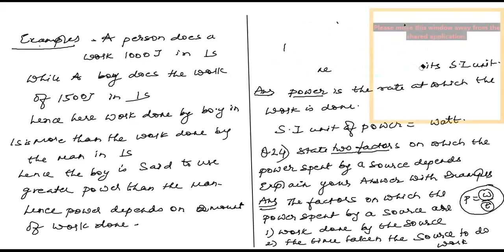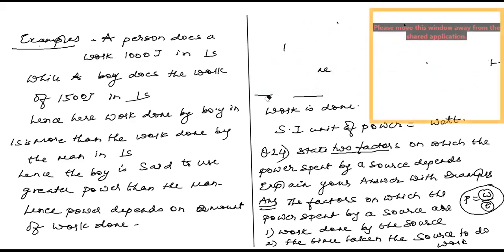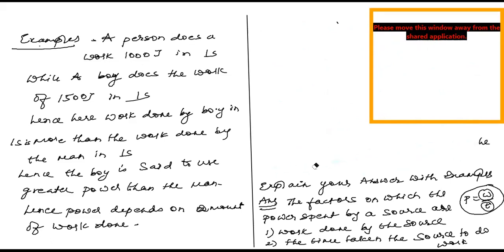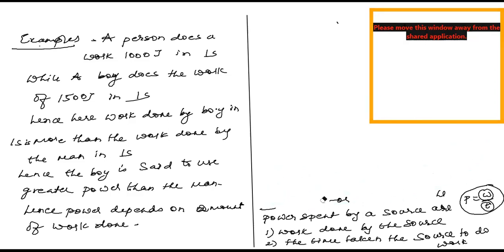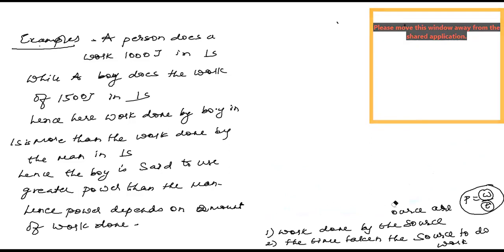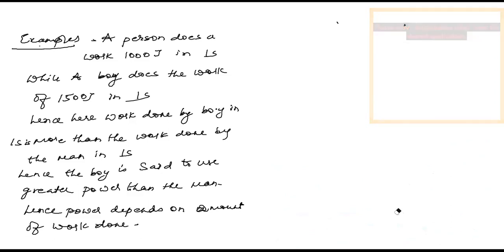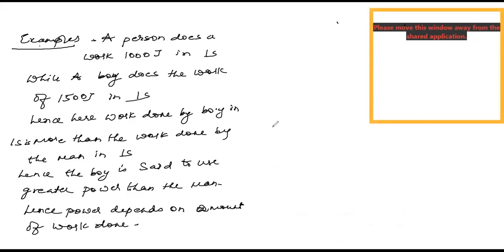Okay, I'm so sorry, but just look here. I'll put it like this: a boy carries a mass of 20 kgs to the third floor of a building in 1 minute, whereas the same mass was carried by a person to the same height in 2 minutes.